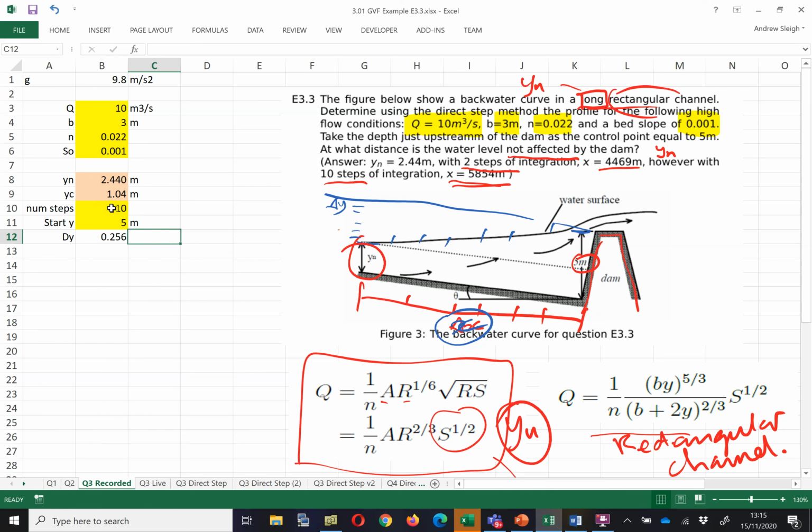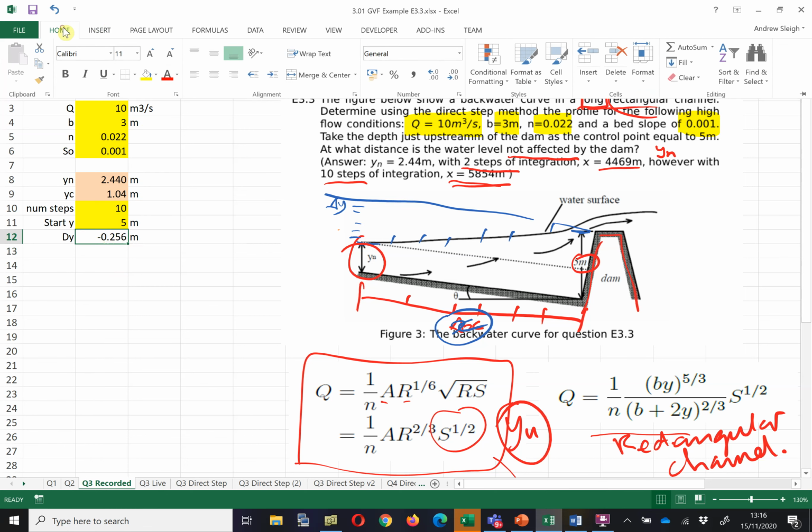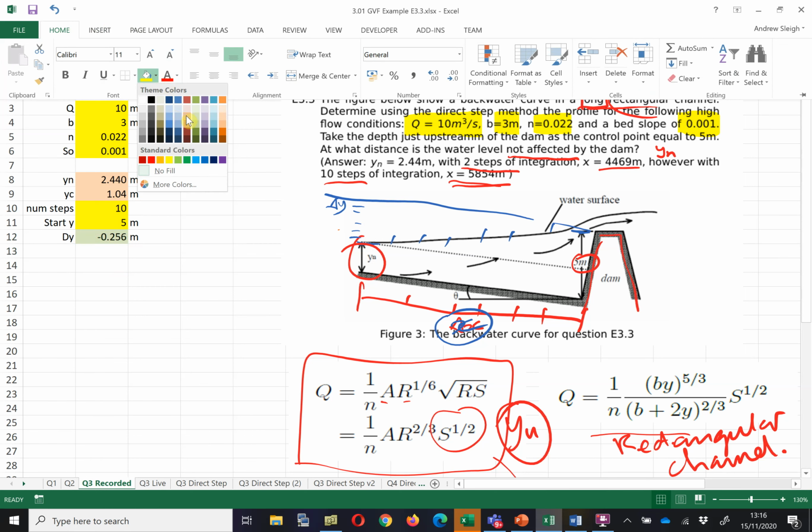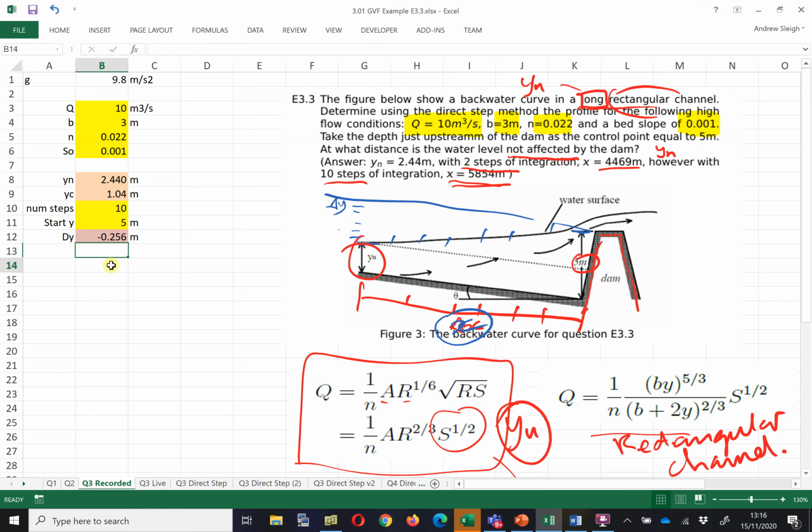And that's going to be a distance, a length. We're going to go backwards. We're going to go down in depth. So this is probably a minus, to be formally correct. Okay, and I'll colour that in a beige just so that we remember we've done that as a calculation.